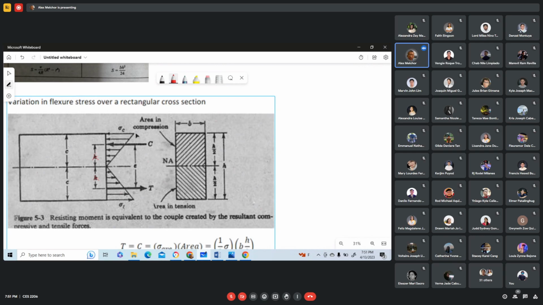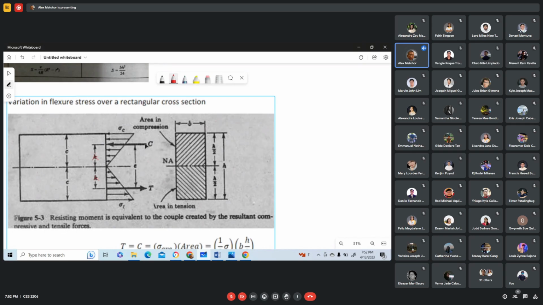area. Since this is linear, the average stress is 1/2 of this maximum stress. Or you can get the area of this, that is 1/2 times sigma C times C, where C is h/2.